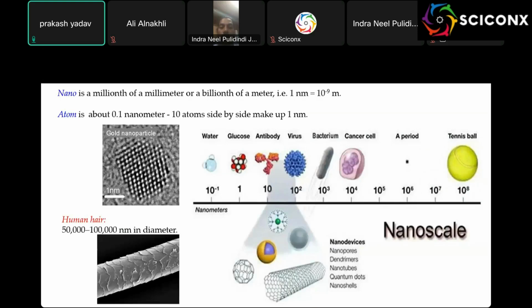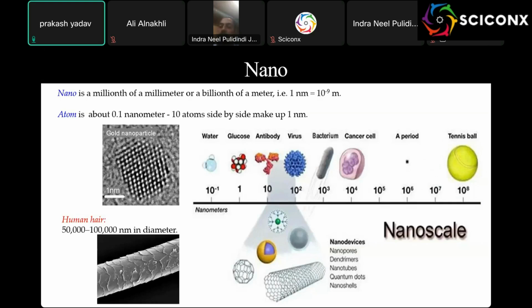Firstly, we understand what nano means and how small it is. Nano is a billionth of a meter, meaning 1 nanometer equals 10 to the power minus 9 meter. We know that an atom's size is 0.1 nanometer, around 1 angstrom. When we arrange 10 atoms side by side, we make around 1 nanometer. Here you can clearly see gold nanoparticles.